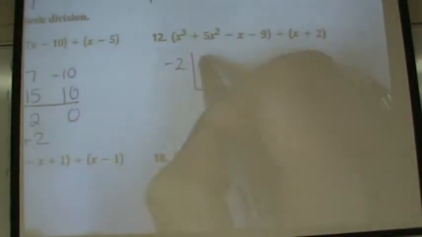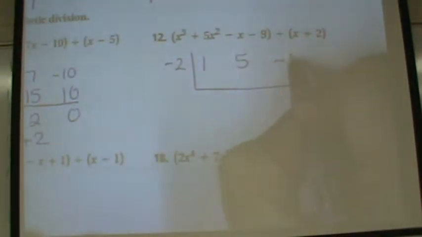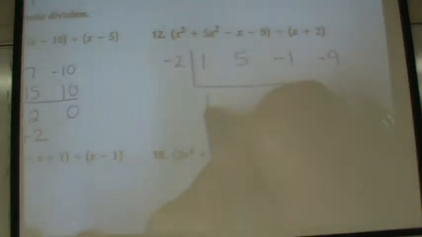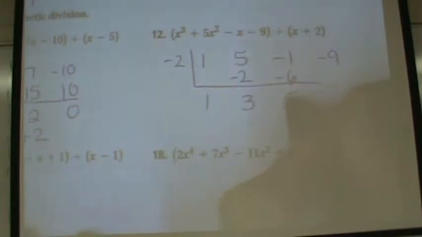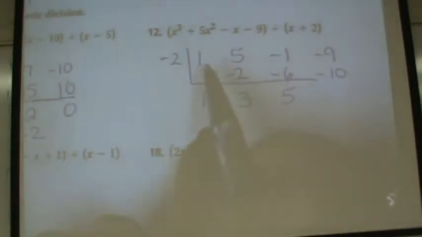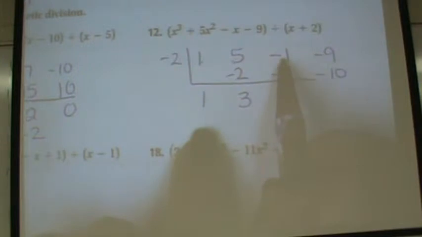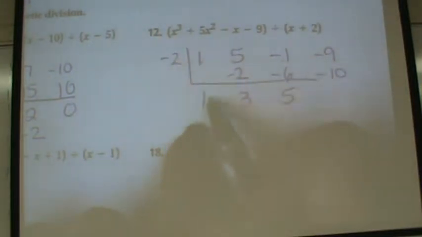Next one, negative 2 outside, 1, 5, negative 1, negative 9, bring down the 1, negative 2, 3, negative 6, 5, negative 10, and you get, let's see, make sure I did this right. 1, 5, negative 1, negative 9, bring down the 1, negative 2, add, you get 3.